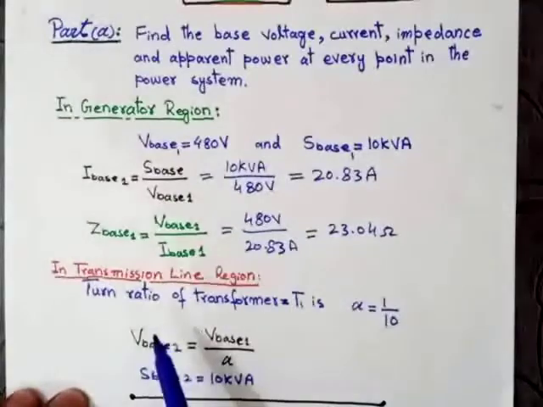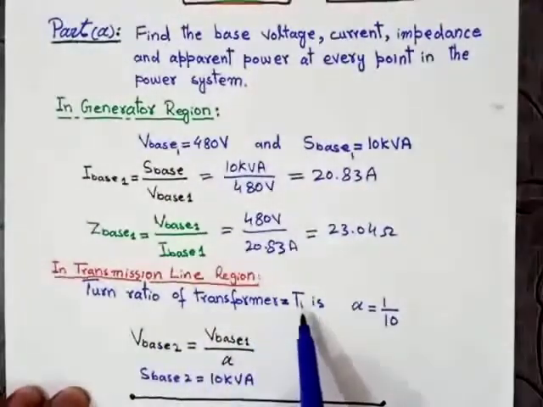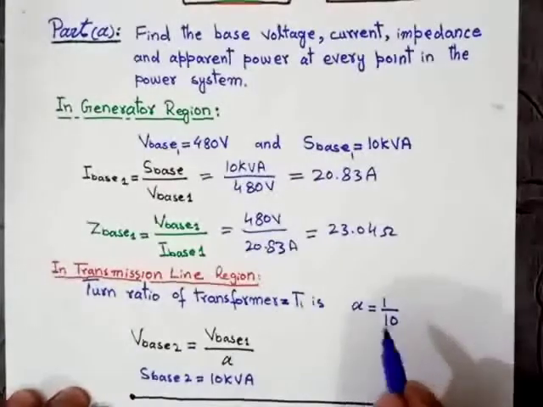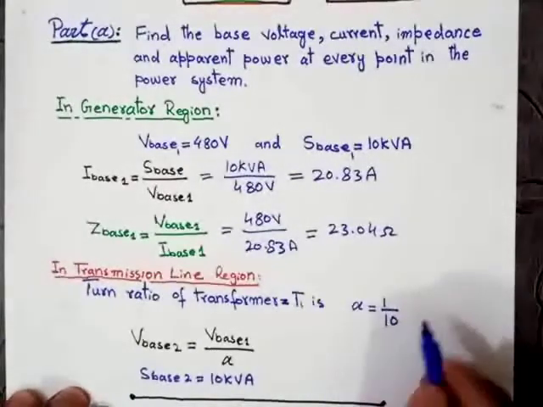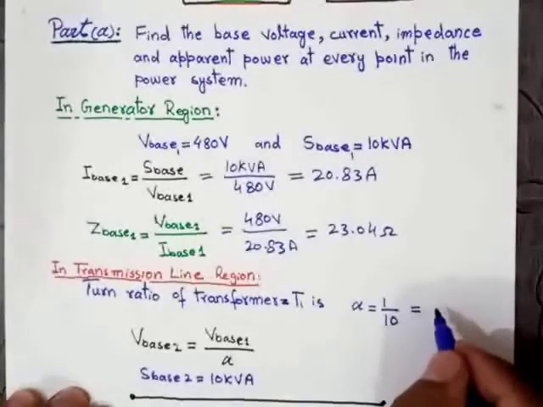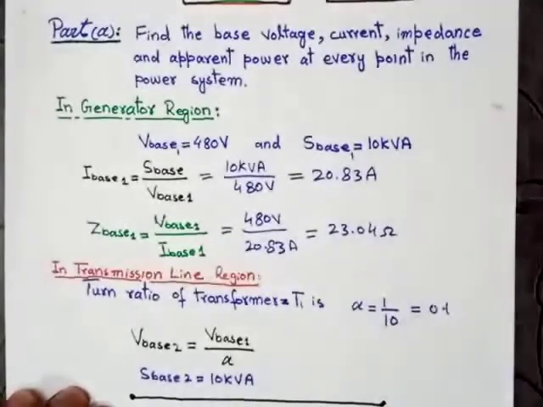So the turn ratio of the transformer T1 is A equal to 1:10. 1:10 means 1 divided by 10, and after solving this will be equal to 0.1.